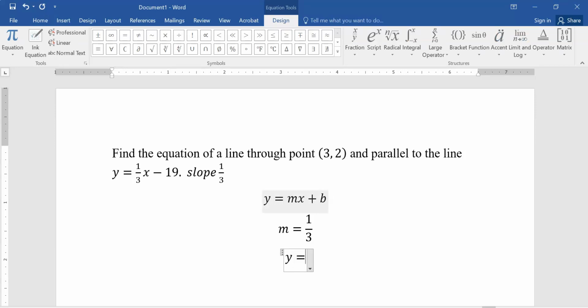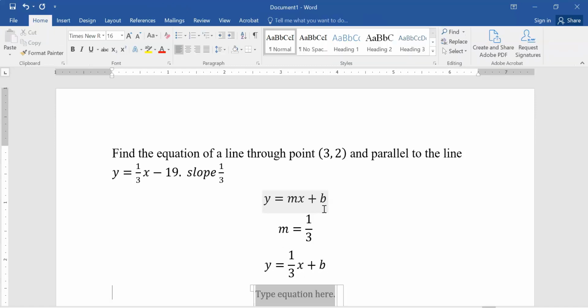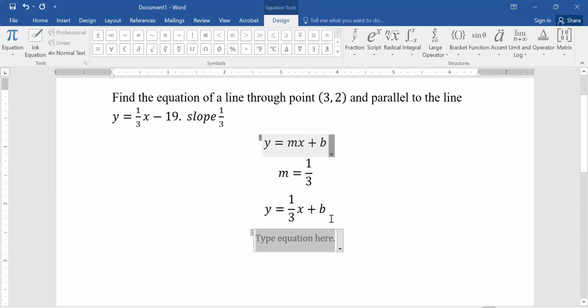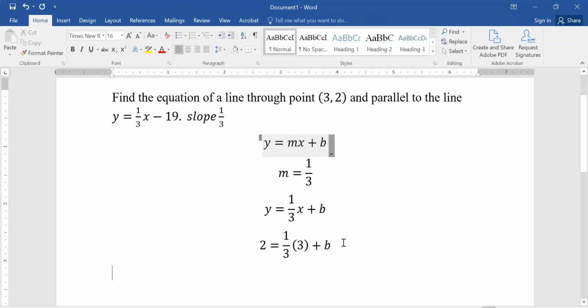I write y equals 1/3 x plus b, and then I plug in the point 3, 2. So 2 equals 1/3 multiplied times 3 plus b. Plug in the 2 for the y, the 3 for the x, and then I can calculate.